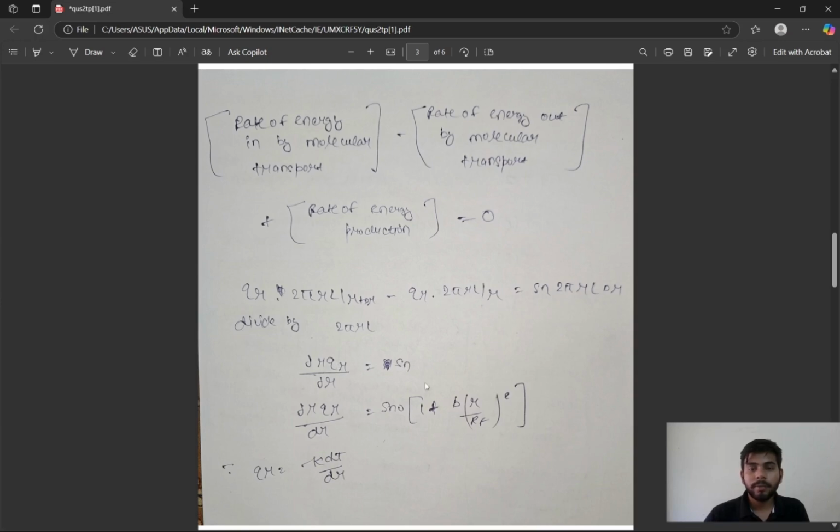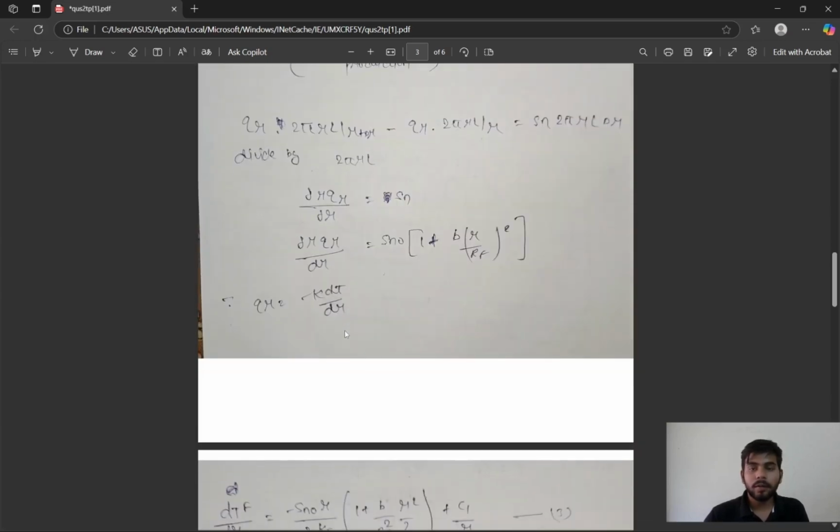We have multiplied by minus 1 in the shell energy balance equation, then arranged, and we got this equation. Now we will divide by 2πrL, and after using the definition of the first derivative, we get d/dr of (r q_r) equals r S_n, and we know S_n equals S_n0 times (1 plus B r² by R²).